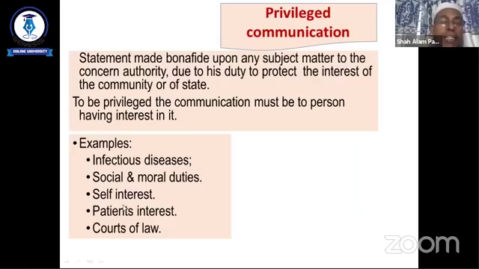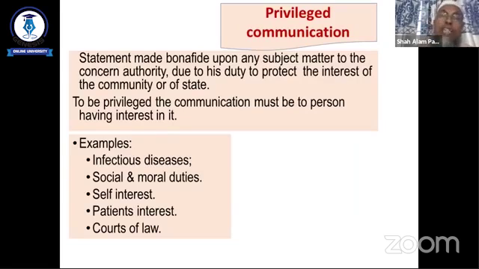And self-interest. Whenever a malpractice suit, a case, is filed against you, for this you can disclose. Patient secrecy: if the patient is suffering from suicidal tendency or homicidal tendency, you can inform the parents.